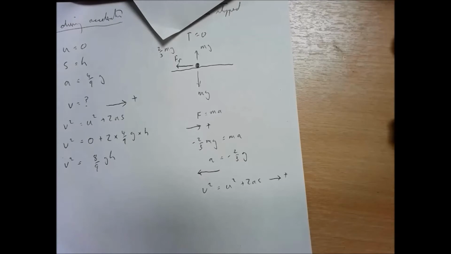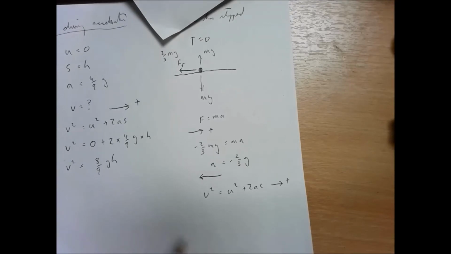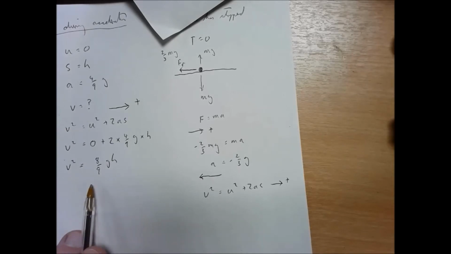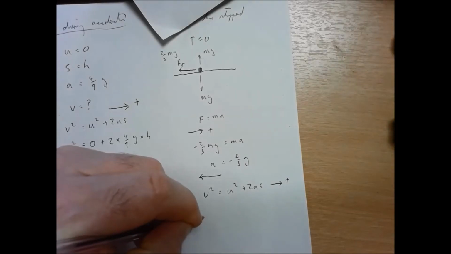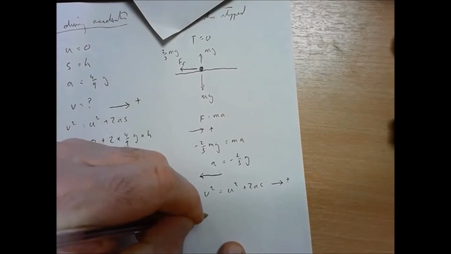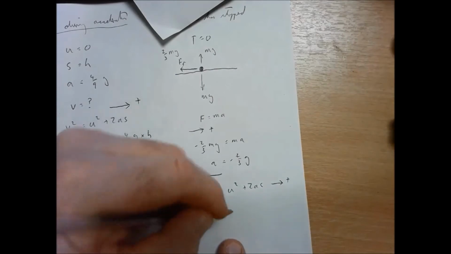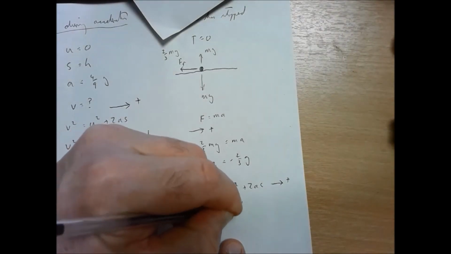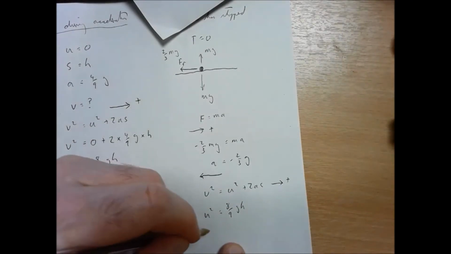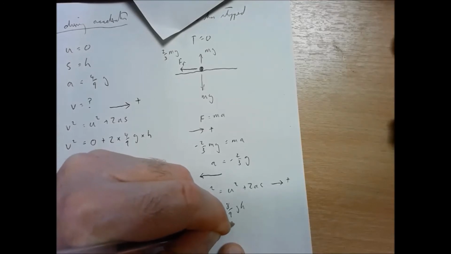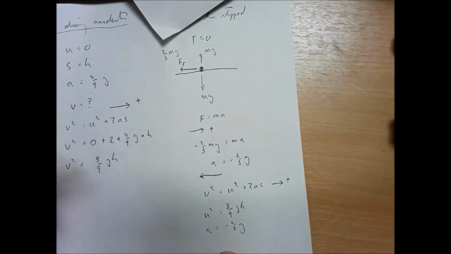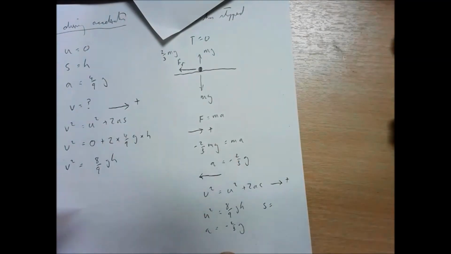Now just being careful here, V squared is what I'm trying to find, and u squared is v squared from the first part, so u squared equals 8 over 9 gh. A is minus 2 over 3 g. S we know is 1/3 h.